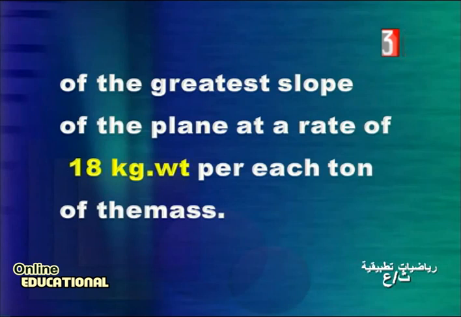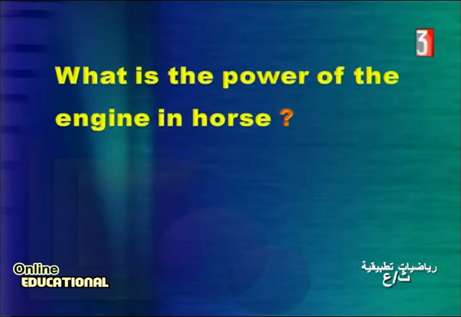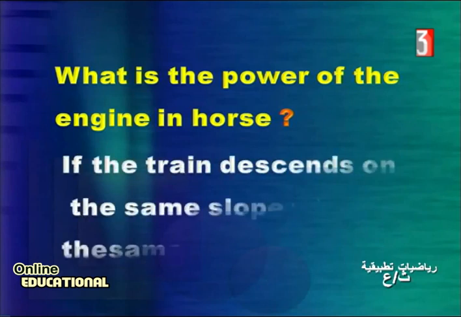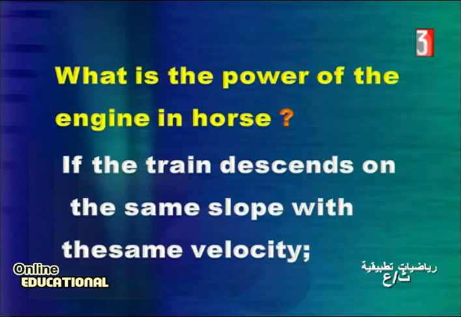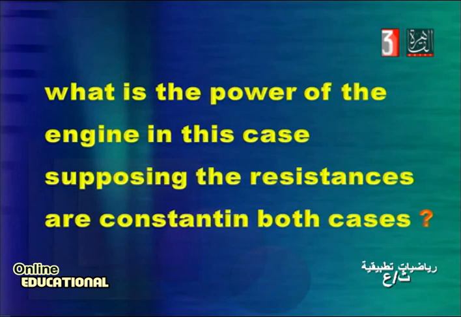What is the power of the engine in horse? And if the train descends on the same plane with the same velocity, what is the power of the engine in this case, supposing the resistance is constant in both cases?